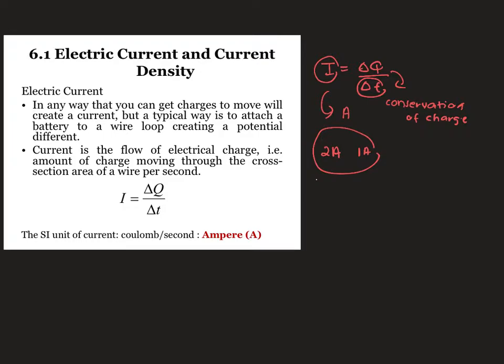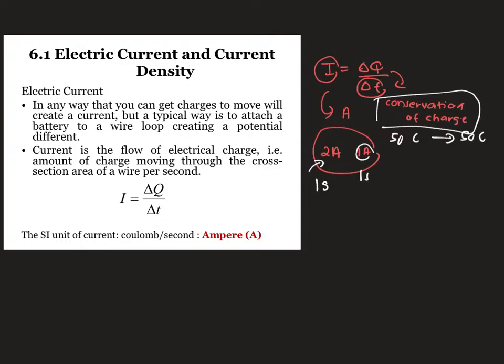If you measure at 1 second you get 2 ampere, and when you put the resistance in, at 1 second you get 1 ampere. It doesn't mean that the current is used up. It means that the number of charges passing through is less, because there is a lot of obstacle when the current passes through. Still, if you have 50 coulomb going into one junction, definitely 50 coulomb will come out, based on conservation of charge.